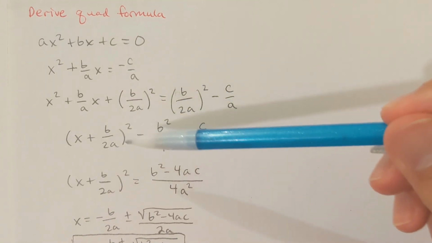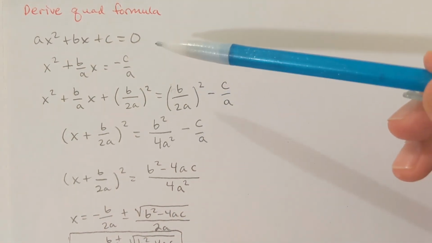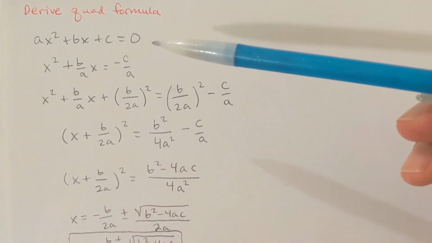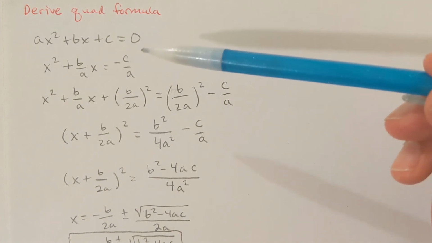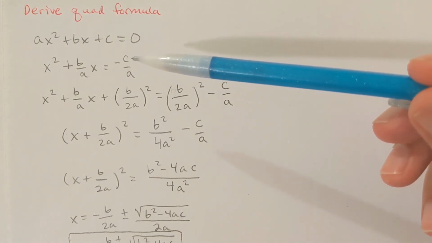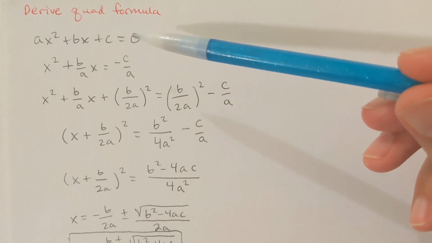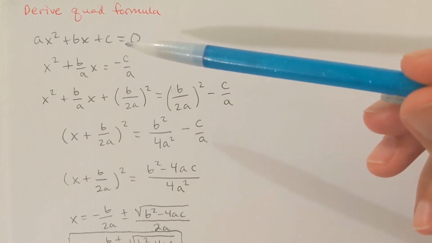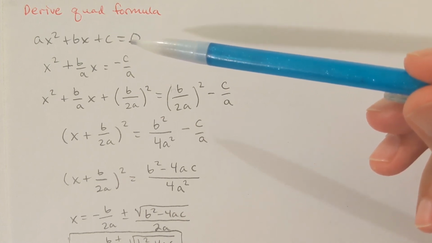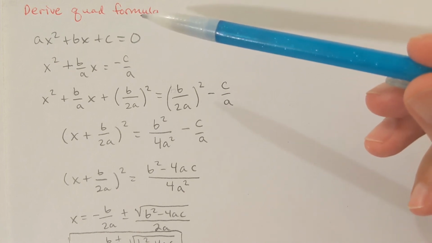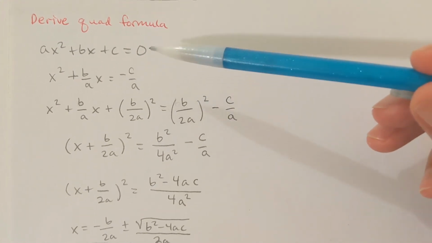Here's something that I just go over basically on my own. So ax squared plus bx plus c equals 0. And I kind of derive the quadratic formula from that.